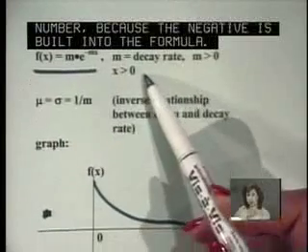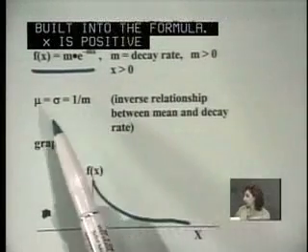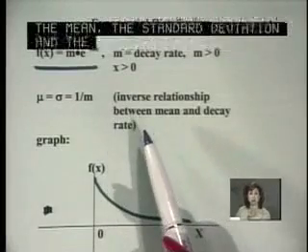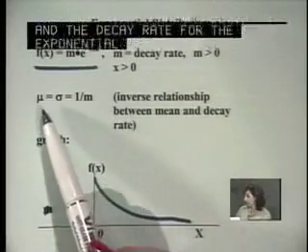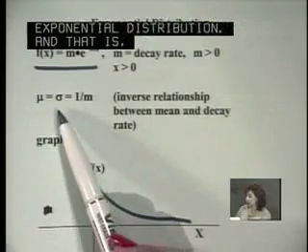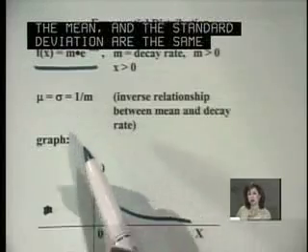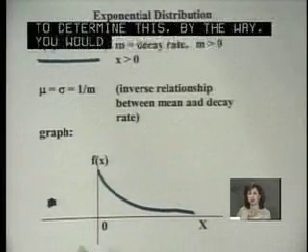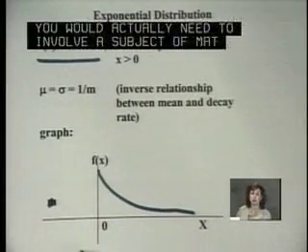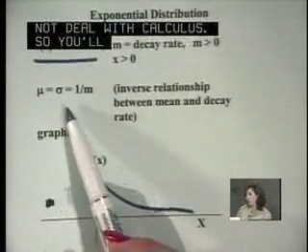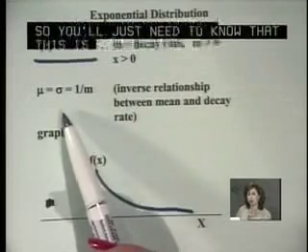x is positive. There's a relationship between the mean, the standard deviation, and the decay rate for the exponential distribution. And that is, for the exponential, the mean and the standard deviation are the same. To determine this, by the way, you would actually need to involve a subject of math called calculus, and this course does not deal with calculus. So you'll just need to know that this is the case and believe me, or I can show you.